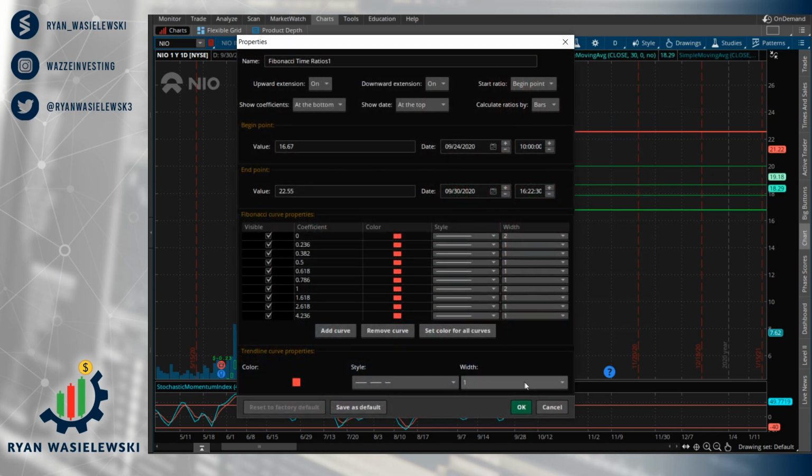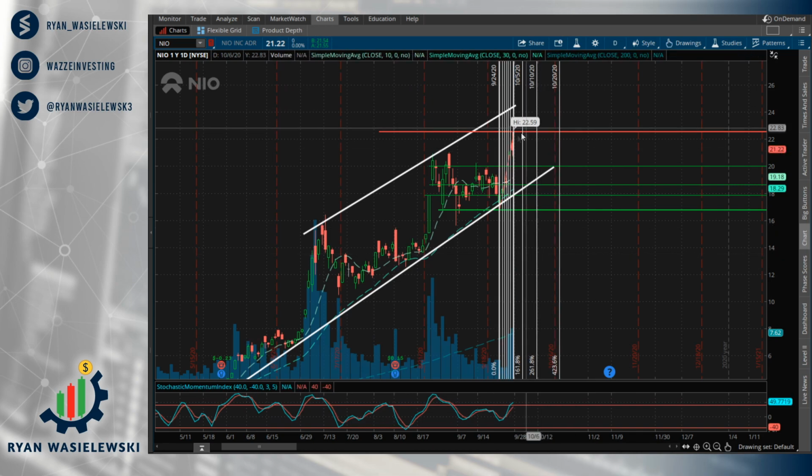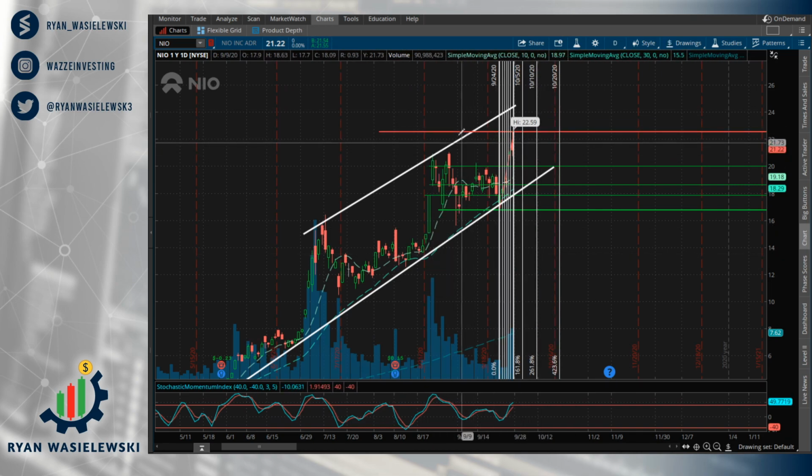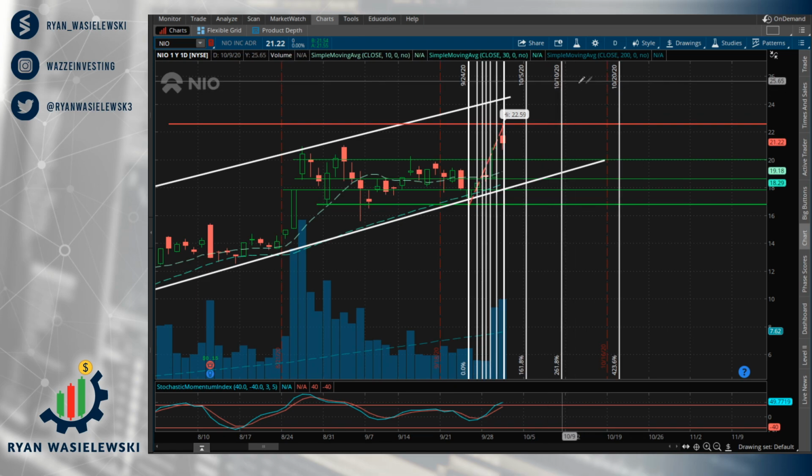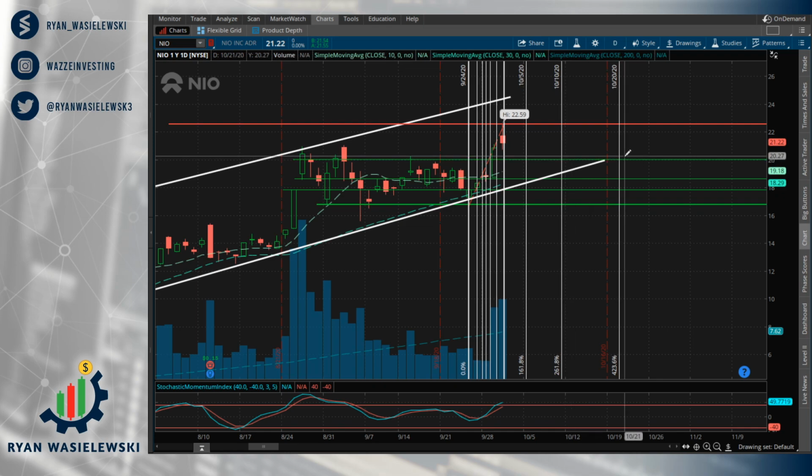I'll have to zoom in also. So let's do this. So we can see some potential dates of October 5th, which is actually my birthday, October 10th, and October 20th, that we can see potential events with the stock price on. So those are some key points to see.